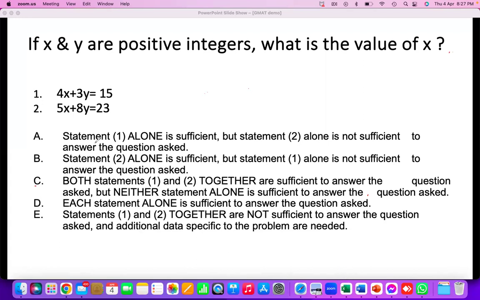Now just try to answer this question and then I'll explain. C is the answer.